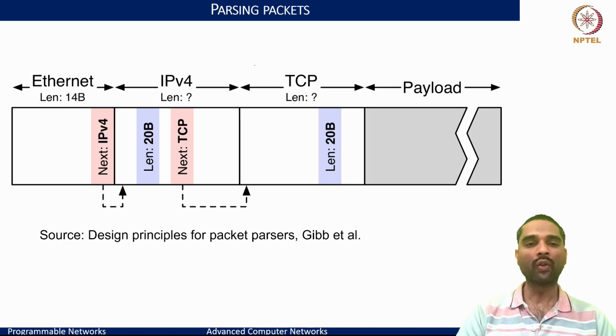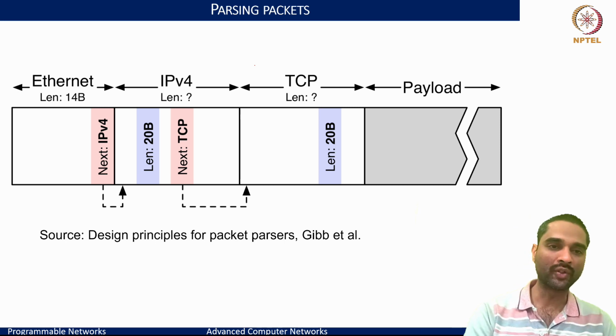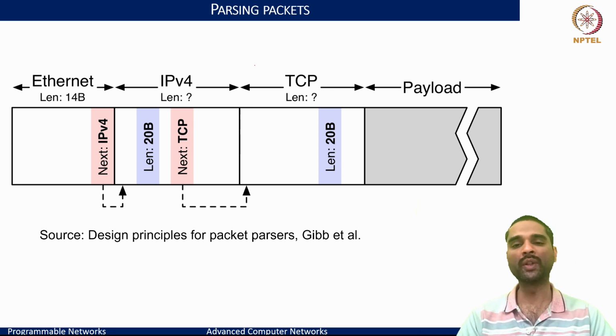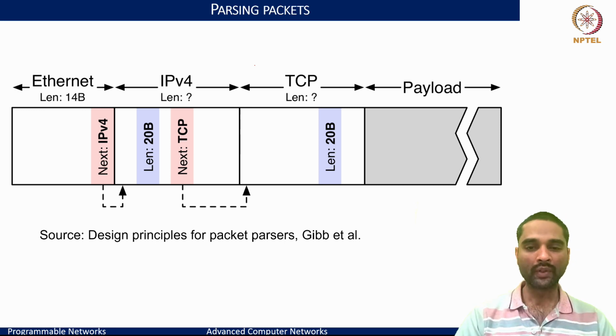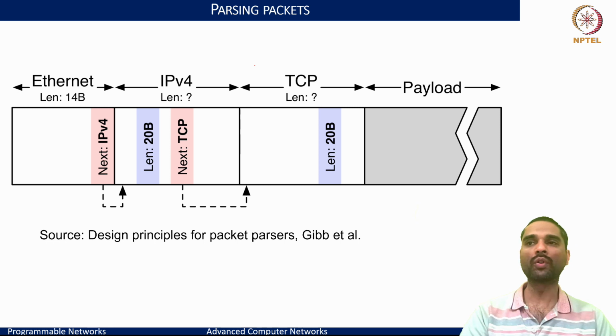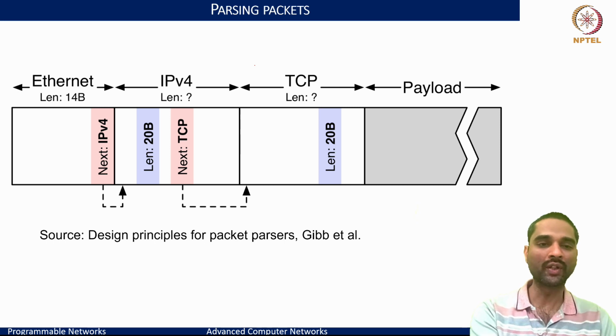So to look at how the parsing really progresses, if we have a typical packet with Ethernet of 14 bytes followed by IPv4 and then TCP and payload, the first aspect is that you start with an offset 0 and progress towards looking at the Ethernet header.